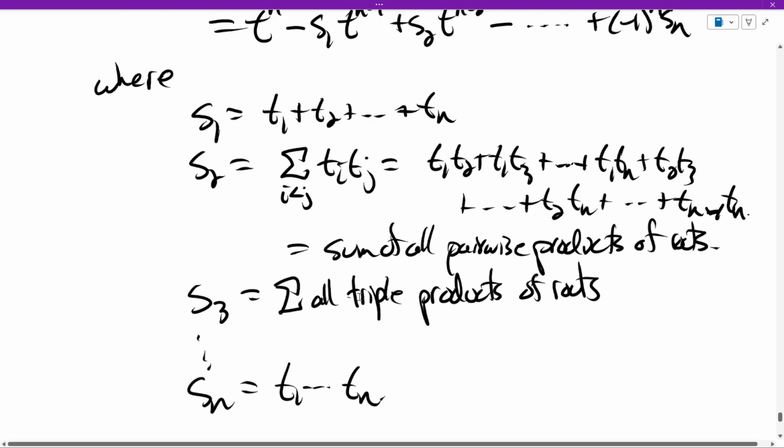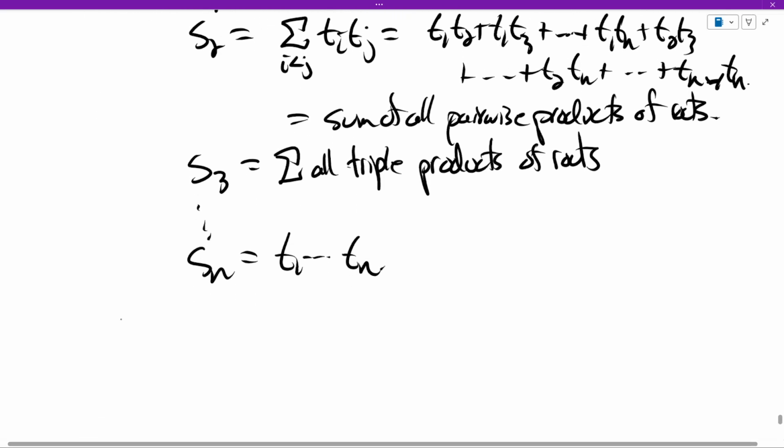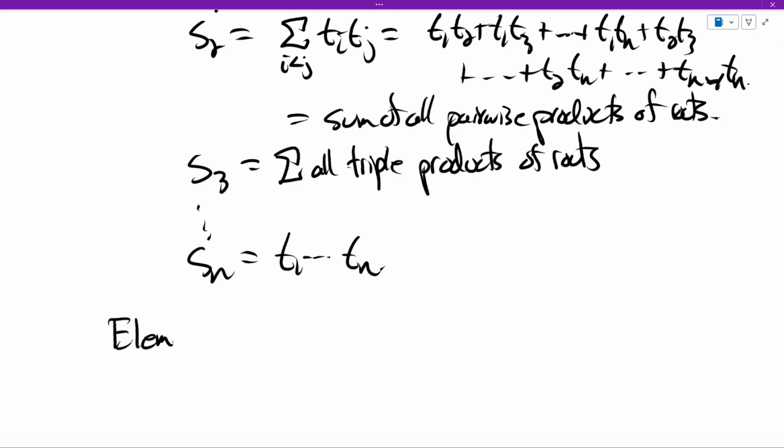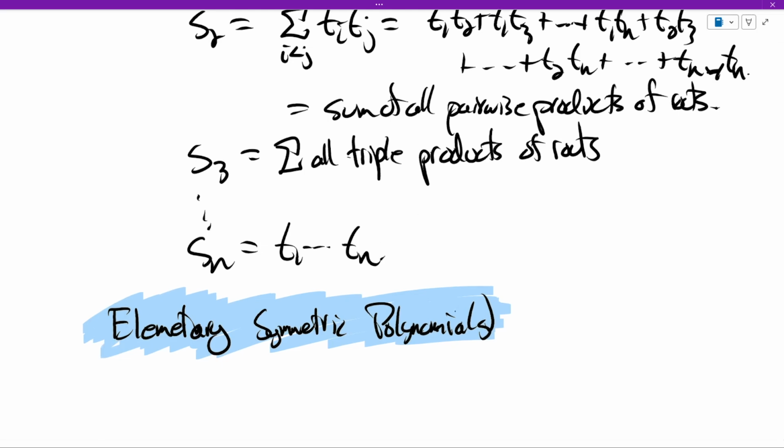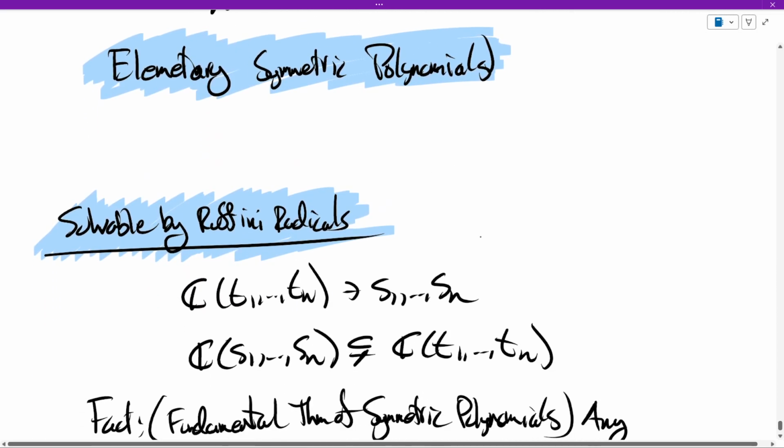And so these S's that we saw before have a name. They are called the elementary symmetric polynomials. They're elementary in the sense that they are the building blocks for all symmetric polynomials. So any symmetric polynomial is an expression in these.